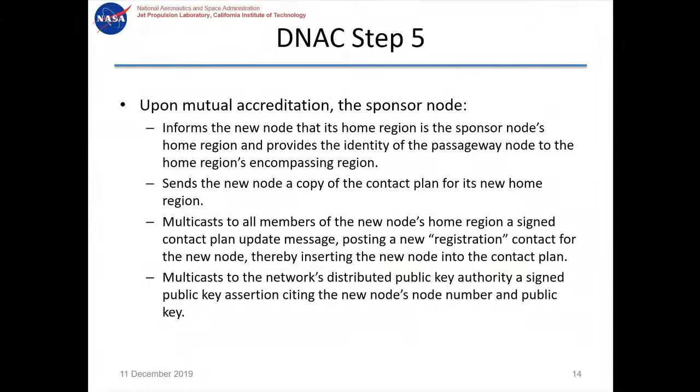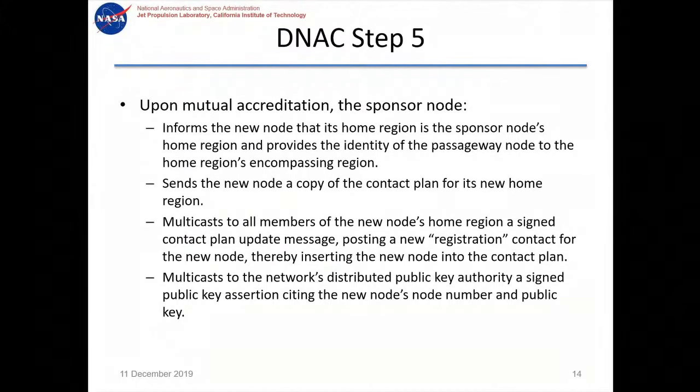The sponsor node then multicasts to all members of this home region a signed contact plan update message that inserts the new node into the contact plan. This is a registration contact which just basically says this node exists. It's a sort of dummy contact. The start time is at the end of time, and the end time is like a second after that.